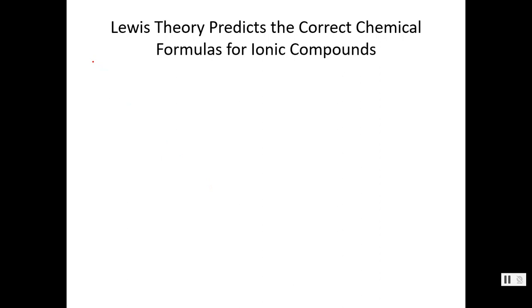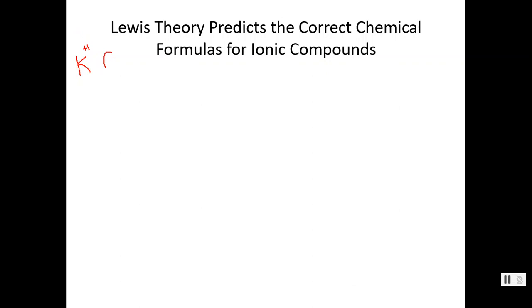If I was to ask you what the correct chemical formula was for KCl, potassium chloride, even without Lewis dot structure theory, you could give me the correct answer. We've talked about how to do that. You would look at your periodic table, which you should have handy next to you, and you would see that potassium is K, and it's in group 1, and you needed to memorize from a few chapters ago that potassium likes to be a +1.